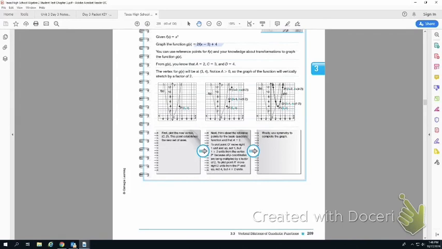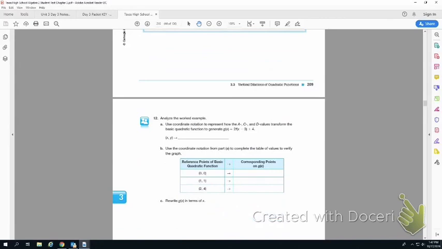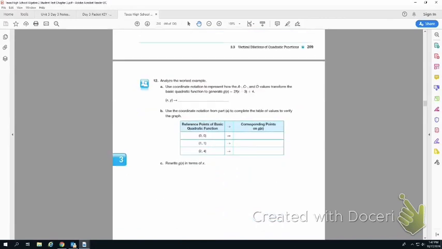Then we would apply the transformations to get the other half, the rest of that half of the parabola. Use your axis of symmetry to get the points that reflect across. Okay. So on the back of this is where it kind of breaks it down.